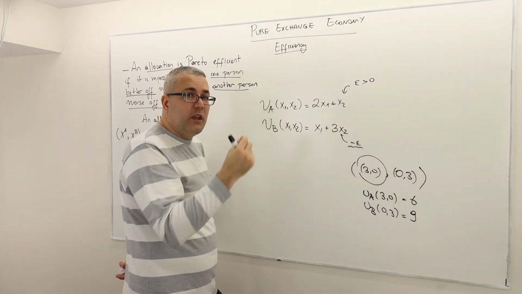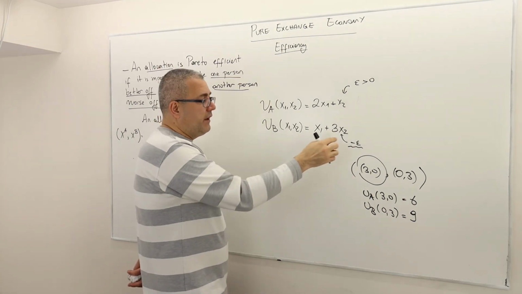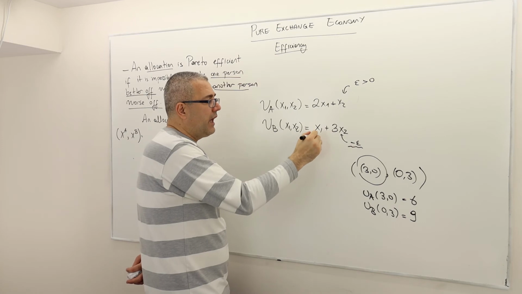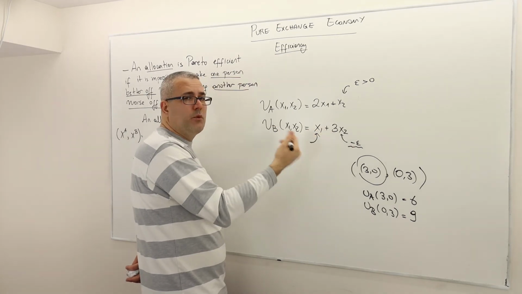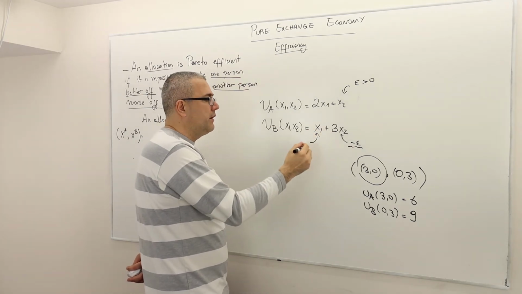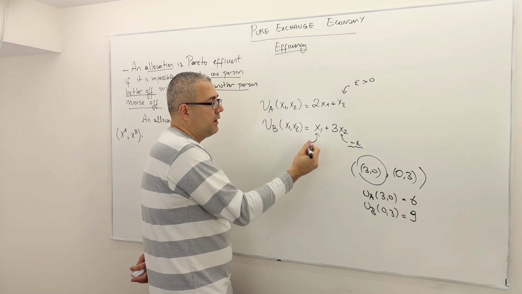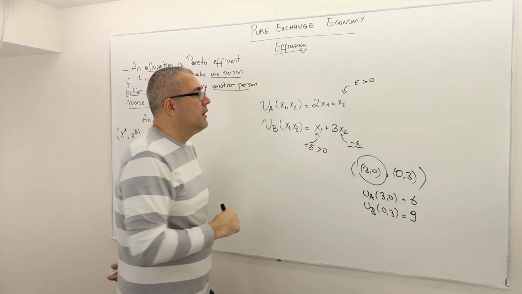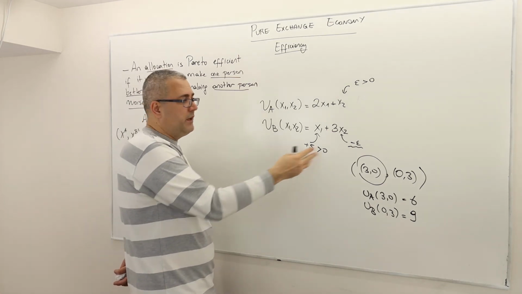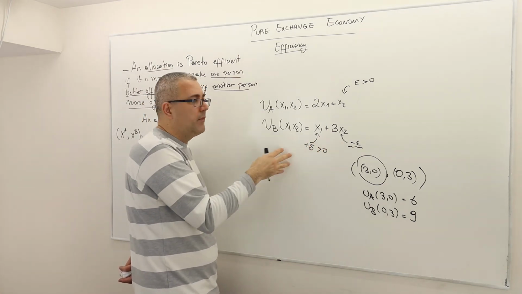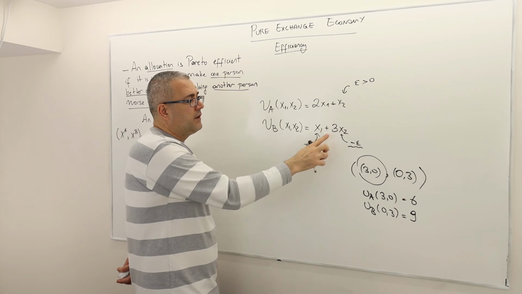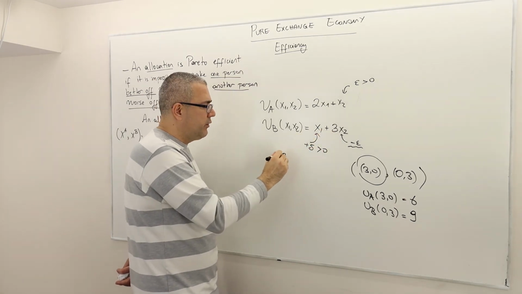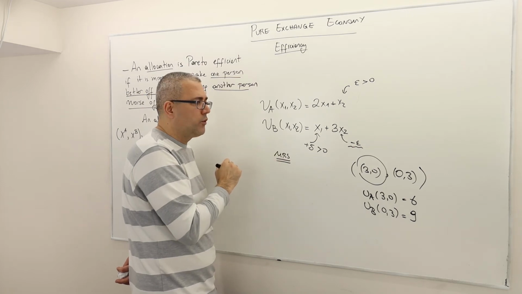If I am subtracting some good 2 from Bob, then I have to give Bob some additional good 1, plus, I don't know, delta, positive. I have to compensate him. But the problem here is there's a 3-to-1 ratio. This marginal rate of substitution plays a very important role.